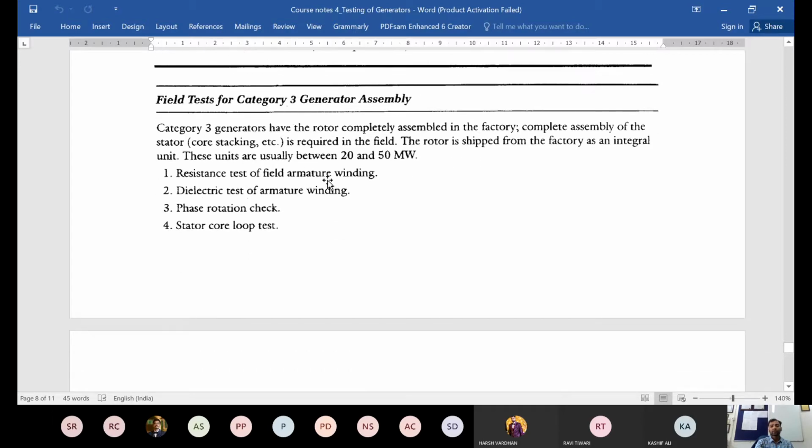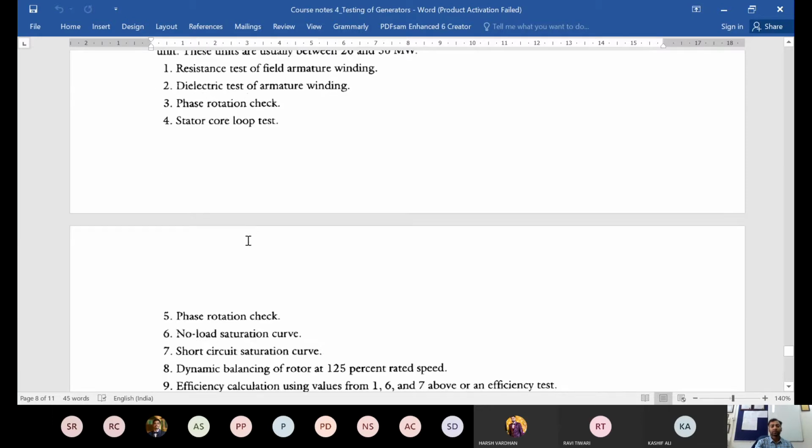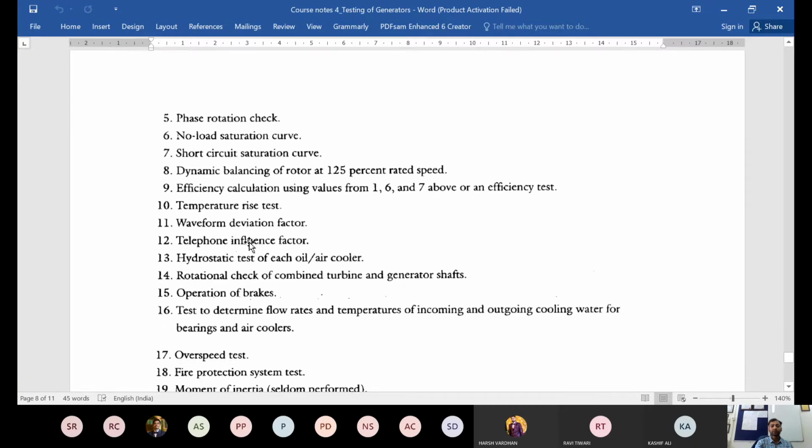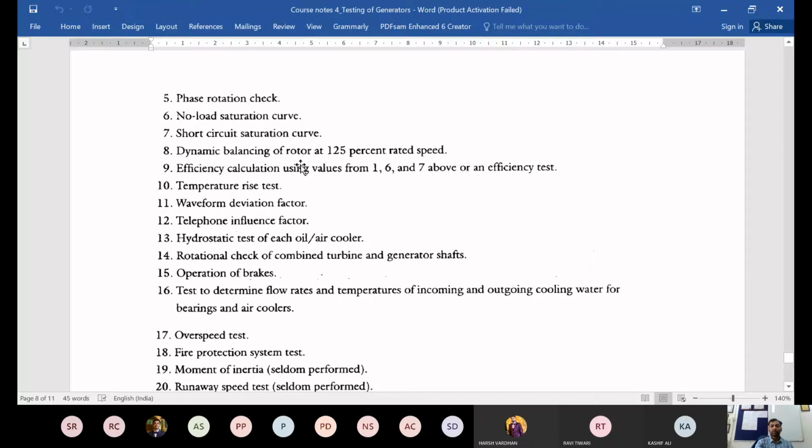Resistance test of field armature winding, dielectric test of armature winding, phase rotation check, stator core loop test. List is a little longer, as you can see. There are some extra tests. Phase rotation check, no load saturation curve, short circuit saturation curve, dynamic balancing of rotor, efficiency calculation using values from 1, 6, and 7 above, or a separate recommended efficiency test.